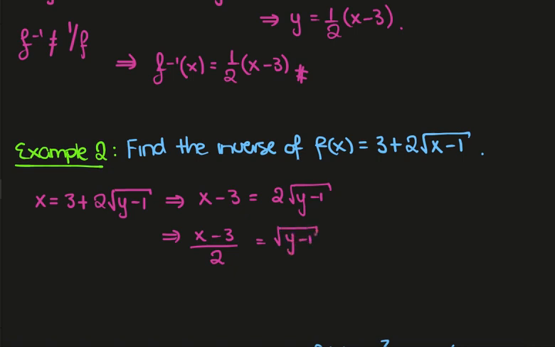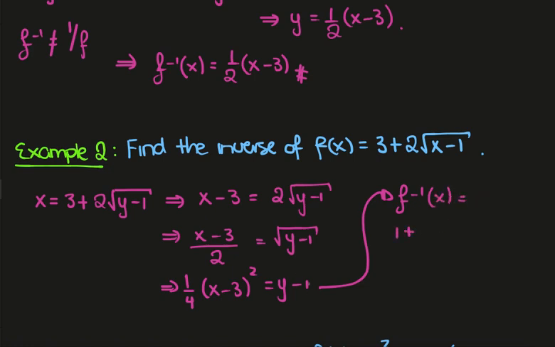And then we'll square both sides. So I'm going to write that as 1/4 x minus 3 squared is y minus 1. And so what we have is that the inverse function is given by 1, that's coming from here, plus 1/4 x minus 3 squared. So the inverse of a square root function is a parabolic function, which makes sense.